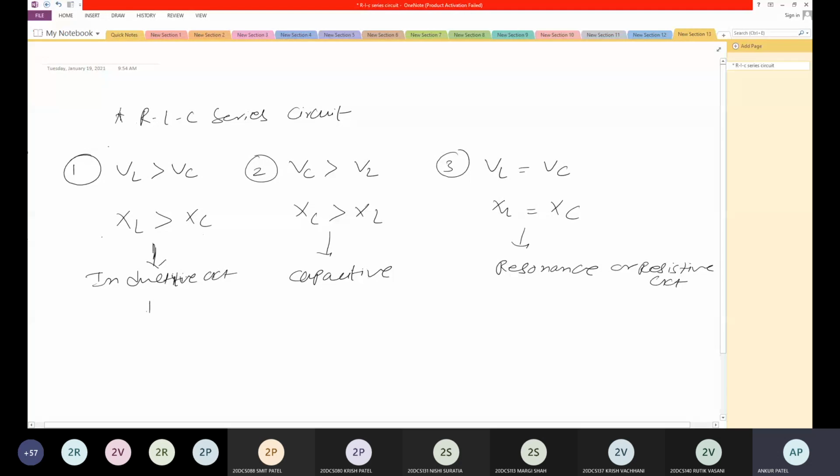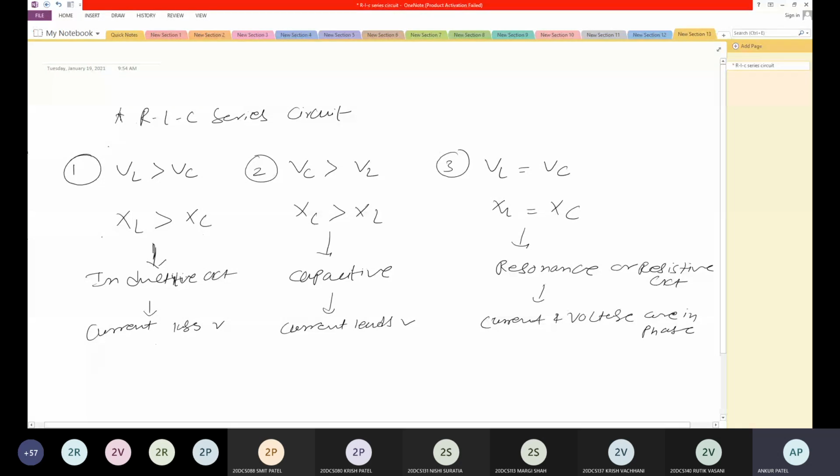So we know in inductive circuit, current lags V, in capacitive circuit current leads V, and in resonance current and voltage are in phase.